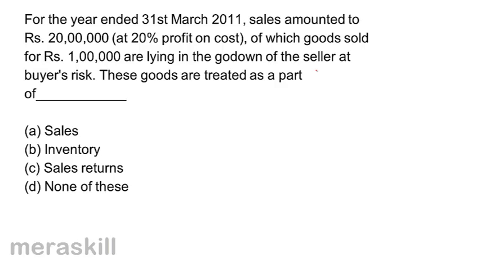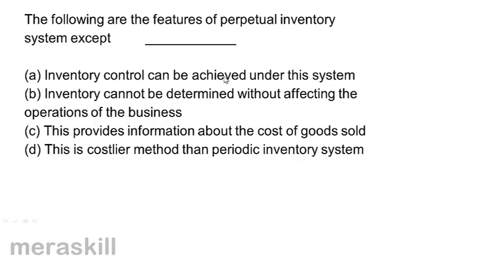The correct answer should be A, sales. The goods have been sold, but they have not gone out of the seller's godown. However, they have already been sold at the buyer's risk.